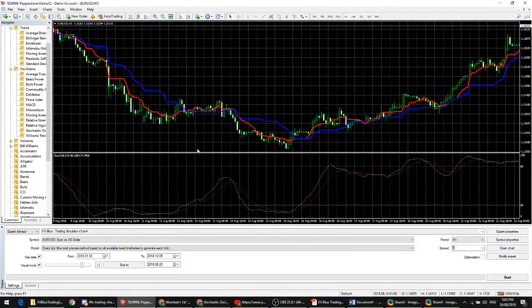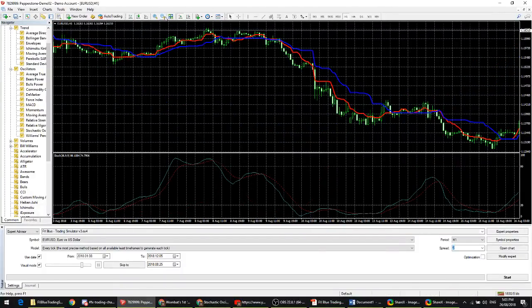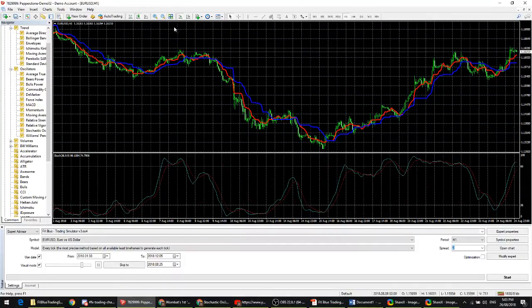So we have a look here. Let's zoom it out a bit to get a bit more of a look at the market.